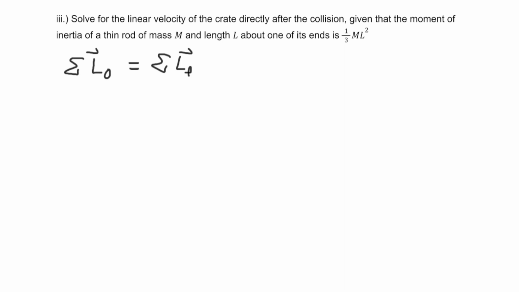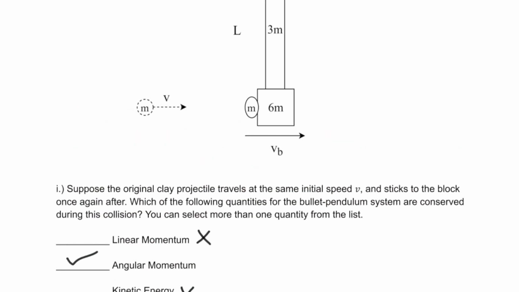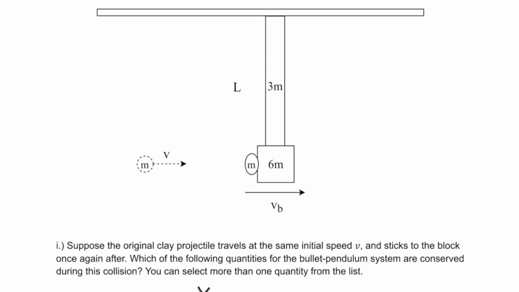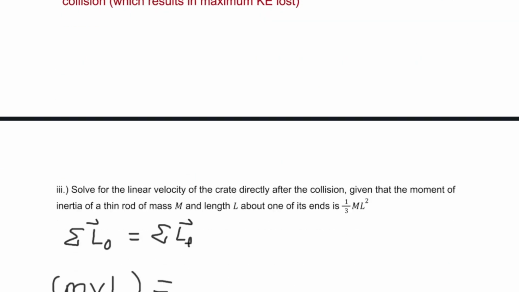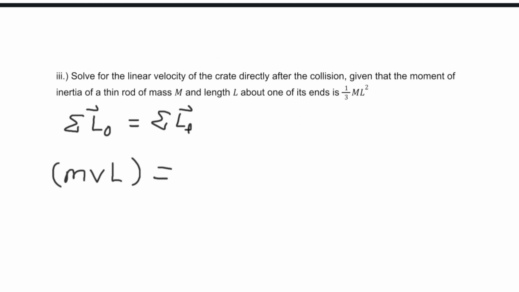So as such, we can just write our first definition of angular momentum, which is just going to be m times v times L for our point mass, because everything's perpendicular. Since the velocity is perpendicular to r, we have that r cross v is going to be exactly mvL, there's no angle to deal with.